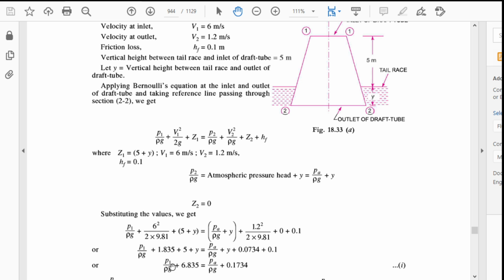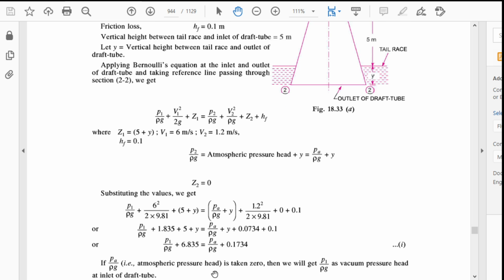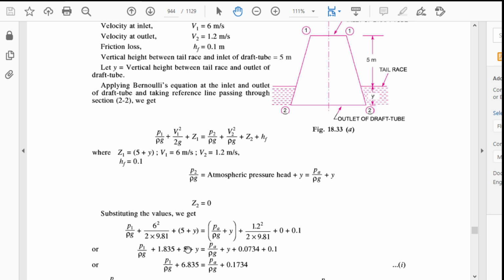By substituting all the values in the equation, you will get P1 upon rho g plus 6.835 equals PA upon rho g plus 0.1734. Now atmospheric pressure is also not given.